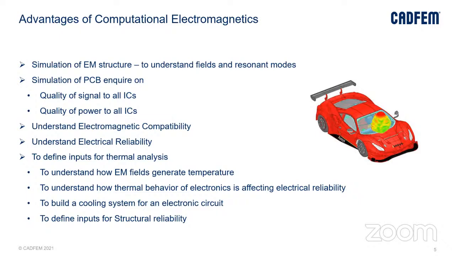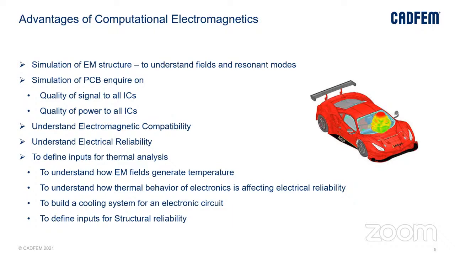Some of the advantages of computational electromagnetics on the technical side would be simulation of the entire structure, and the engineer or the user can understand the fields and resonant modes that are occurring in that structure.